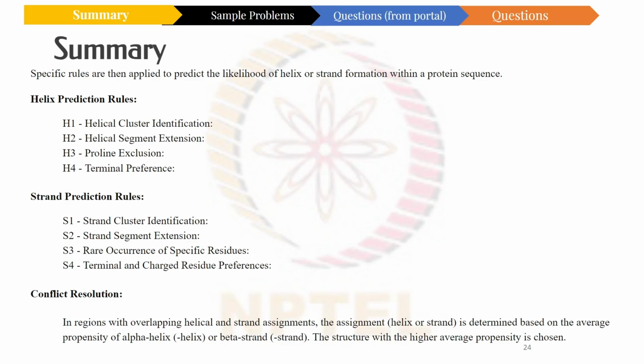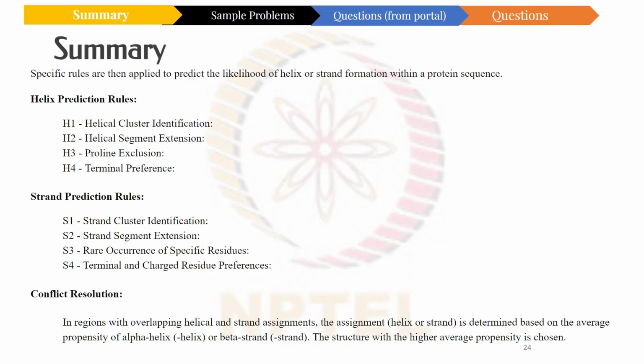Wherein if we encounter weak helical residues that are denoted by capital I, they are counted as half. That is, 2 weak helical residues are counted as 1 helix. Then we have helical segment extension. So they extend the helical segment in both directions until terminated by tetrapeptides with an average helical parameter value of less than 1.